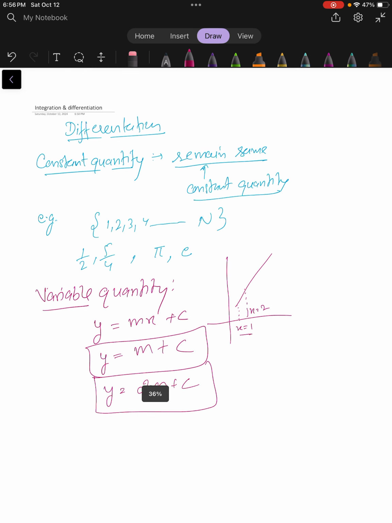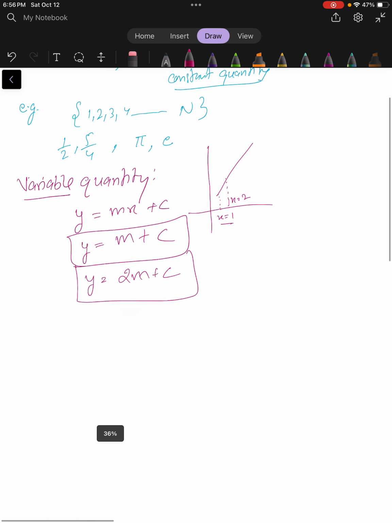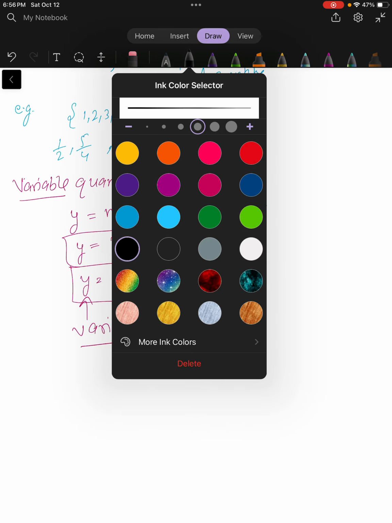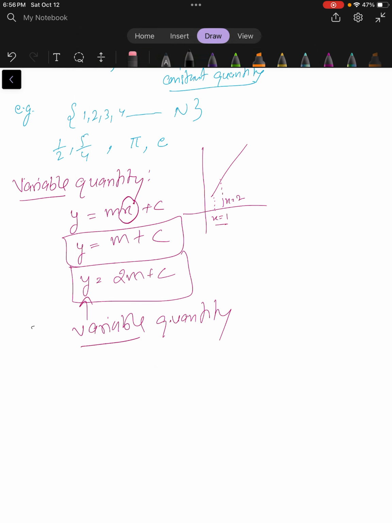So this quantity is a variable quantity. Why is it variable? It depends on the value of x. This quantity depends on the value of x, so we call y a variable quantity, and x a variable quantity.